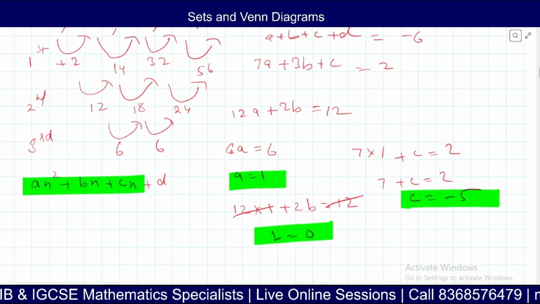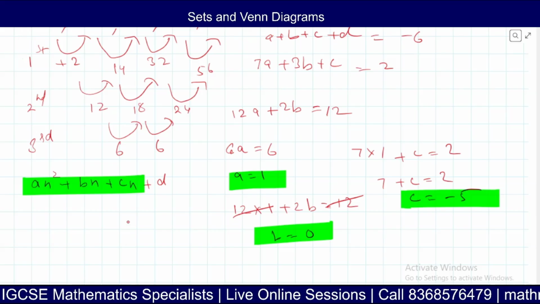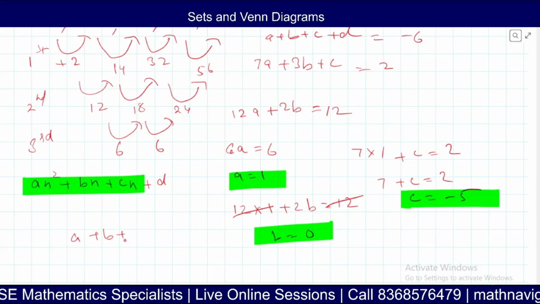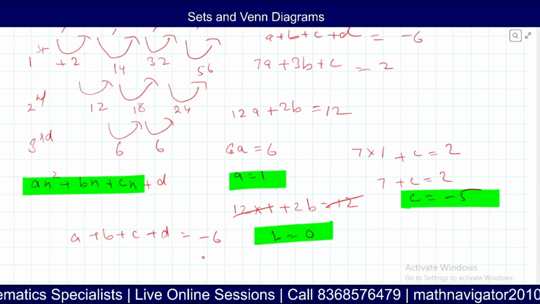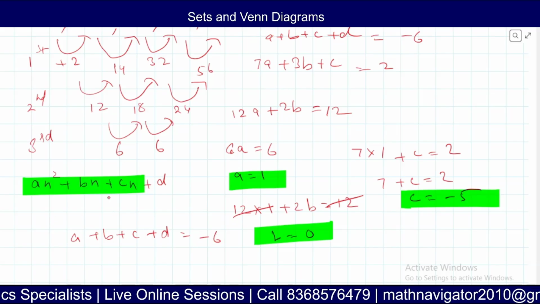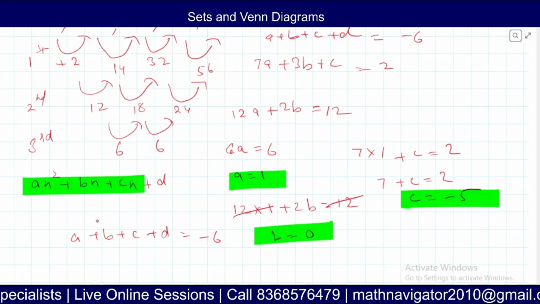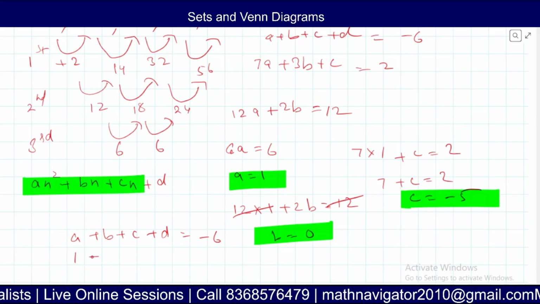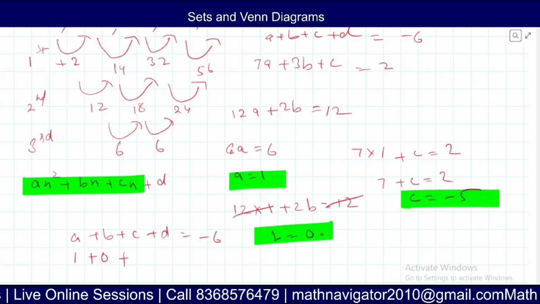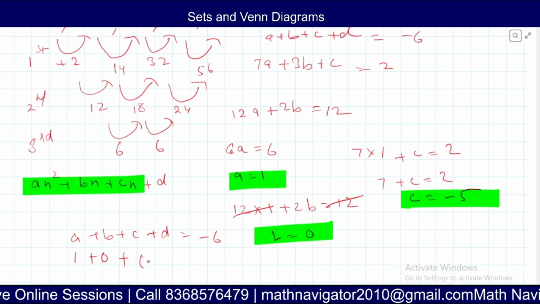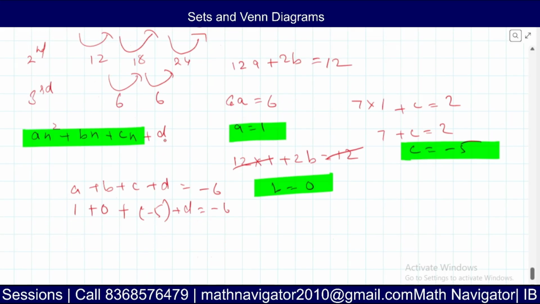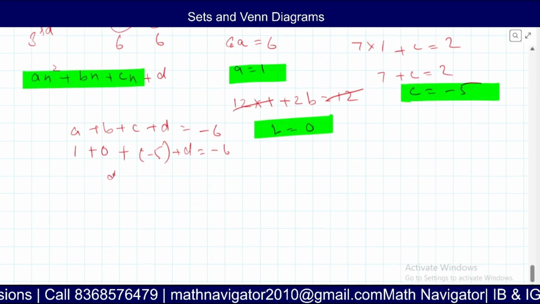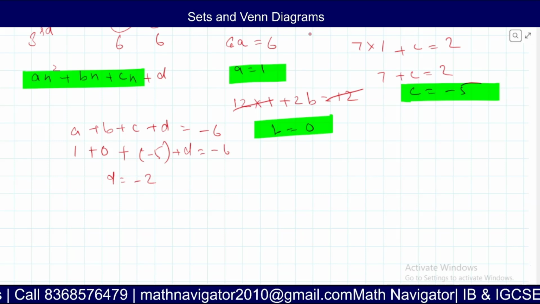Then last I have a plus b plus c plus d is equal to negative 6. So a is equal to 1, b is equal to 0, c is equal to minus 5, and d I have to find. Negative 6, so this becomes negative 2. So d becomes negative 2.